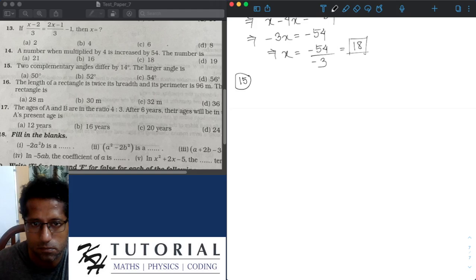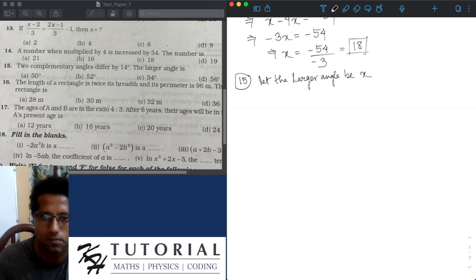So since it is asking to find the larger angle, we will assume let the larger angle be x. x degree, I'm ignoring the degree part. I hope it's understood. So let the larger angle be x.